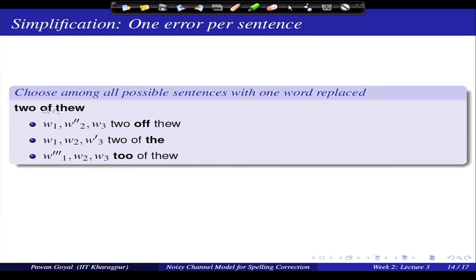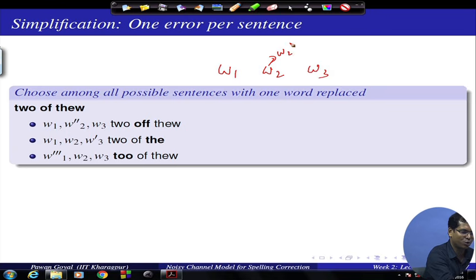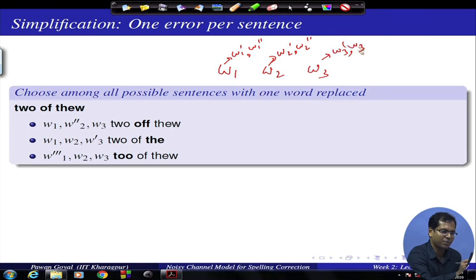It helps in that whenever I am choosing the candidates, I will only choose a different word for one of the words. So what do I mean by that? Suppose I had my sentence W1, W2, W3, and this has some other possible candidates like W2 prime, W2 double prime. This has W1 prime, W1 double prime, and this has W3 prime, W3 double prime.